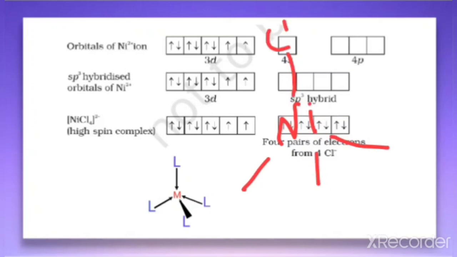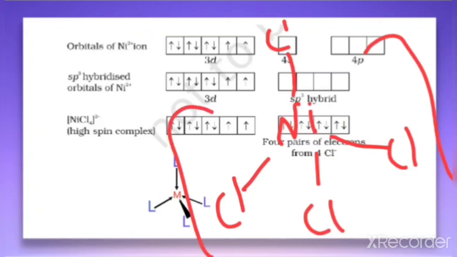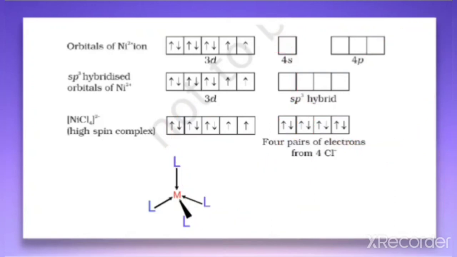So 4 Cl, that Cl will occupy that position, and the overall charge you have to keep, that is 2 negative. So that is important, to keep the 2 negative charge on it. So this is how we make the geometry for a complex.